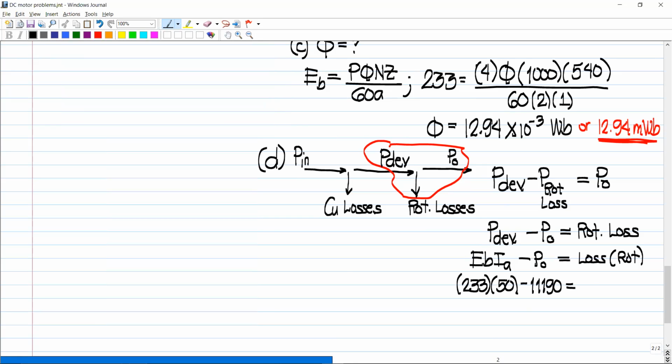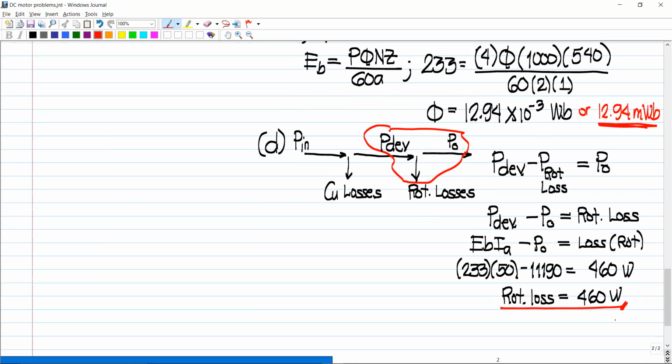That gives 460 watts. So the rotational loss, our final answer for letter D, is 460 watts. Later we will check if it is correct.